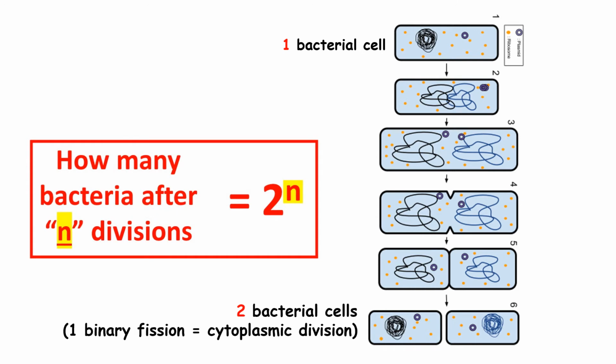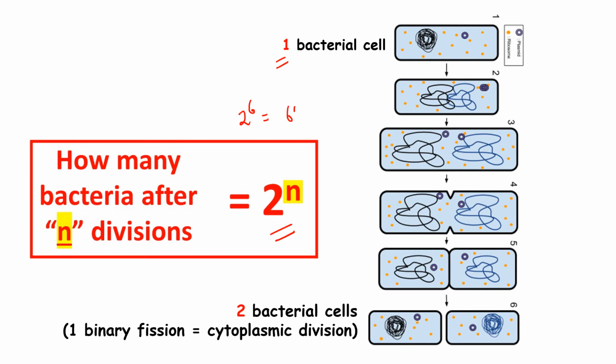So this is applicable when we've got bacteria and how they divide by binary fission. So every bacterial cell, once it divides by binary fission, it's going to make 2 genetically identical bacteria. So if you know the number of replications or divisions, we can actually work out the number of bacteria that we should have. So if you start with a single bacterial cell, and there's, for example, 6 divisions, we can use this equation 2 to the power n. So we could go 2 to the power 6, and that will give us the number of bacteria that we have in our culture.